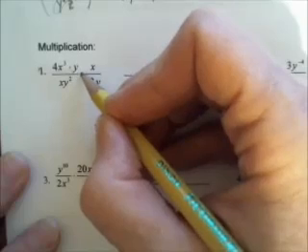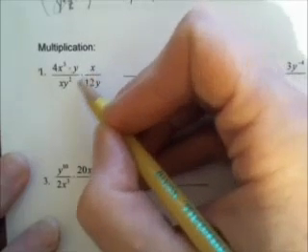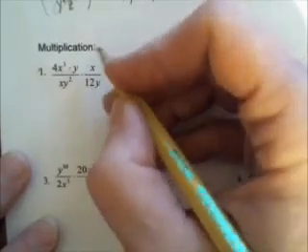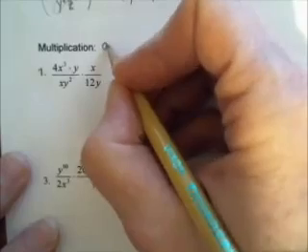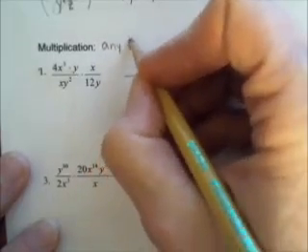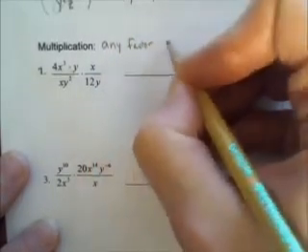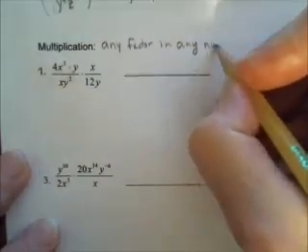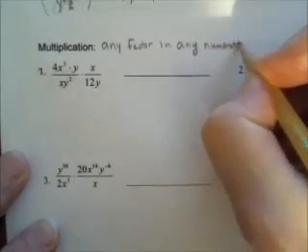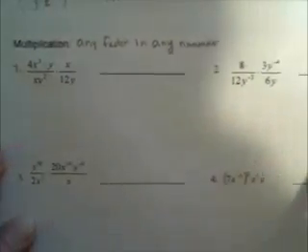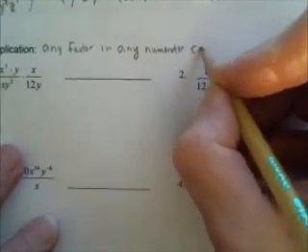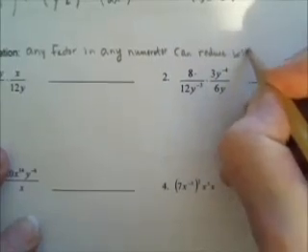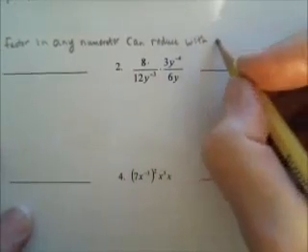So when you have two fractions multiplied by each other, the easiest thing to do is to reduce the fractions as much as possible first. Any factor in any denominator, or in any numerator, as long as they're factors and not terms, can reduce with any factor in any denominator.